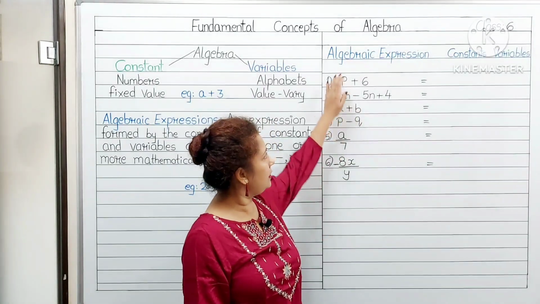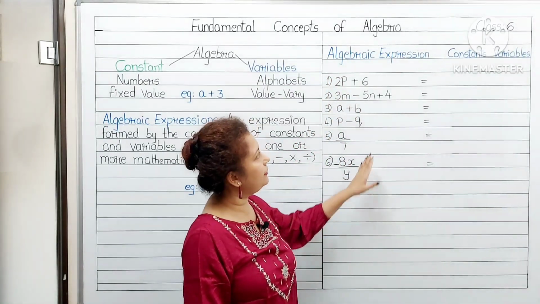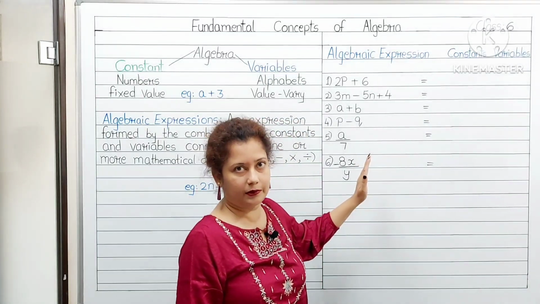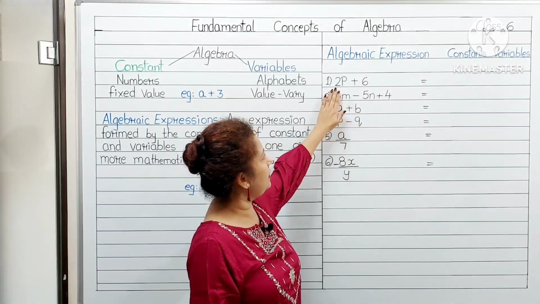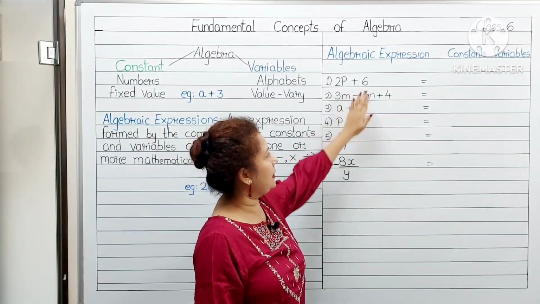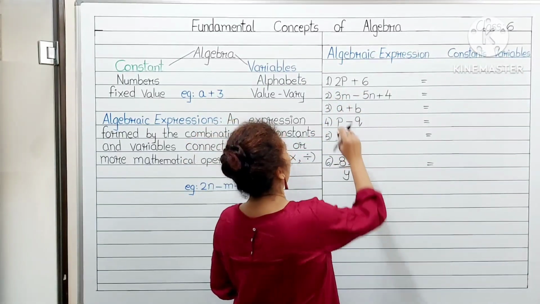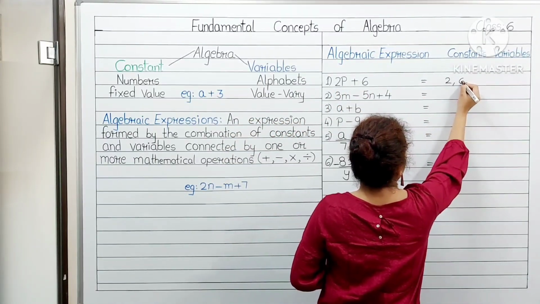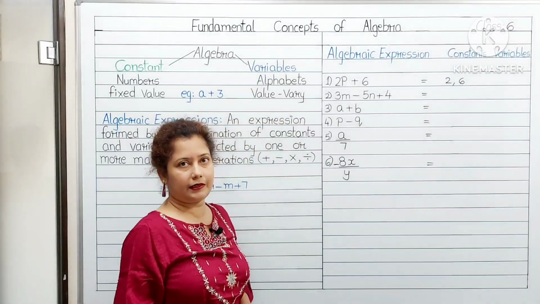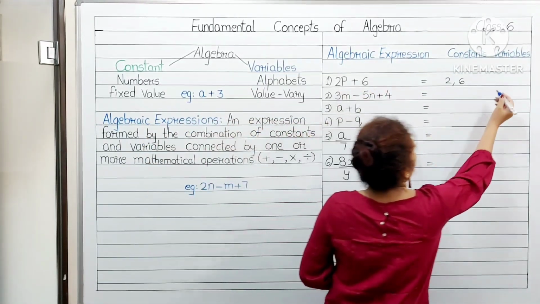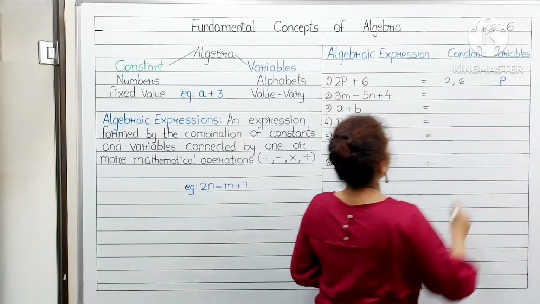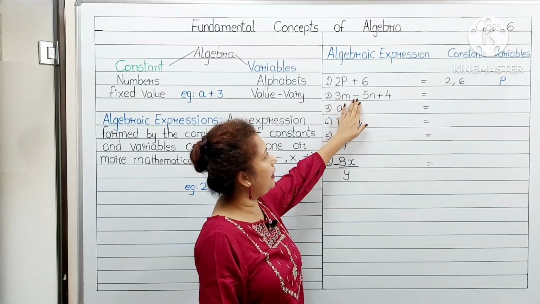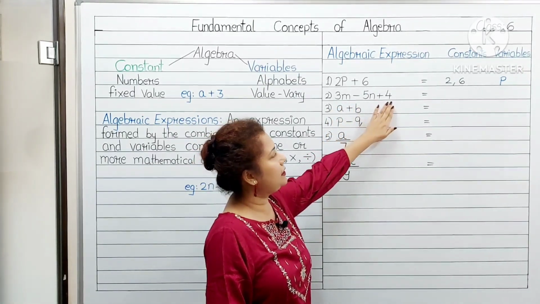Some algebraic expressions are given to us, and here we will separate the constants and variables of the given algebraic expressions. First example is 2p plus 6. So here the constants are 2 and 6. Variable is p. Second example is 3m minus 5n plus 4.